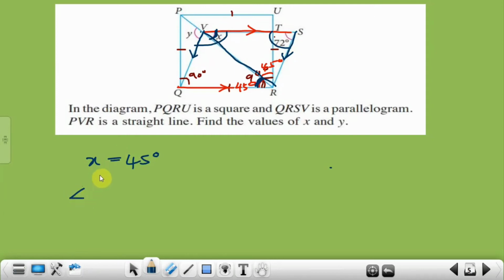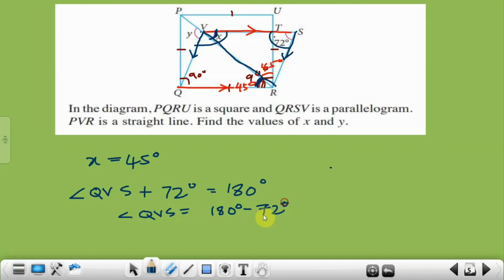So the angle of QVS plus 72 is equal to 180. This is the interior angle. So the angle of QVS is equal to 180 minus 72, which is 108 degrees.